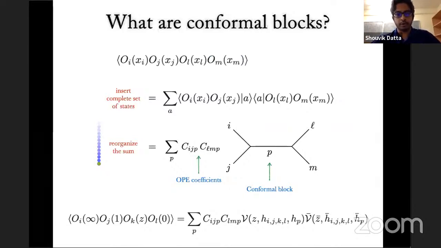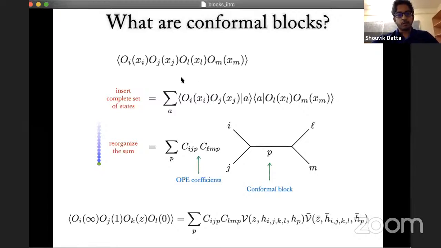So let me begin with some introduction and give some context as to what questions we are trying to address here. Consider a 4-point function in conformal field theory, the 4-point function of 4 primary operators on the plane. We can insert a complete set of states in between these 2 operators and write it as a sum.